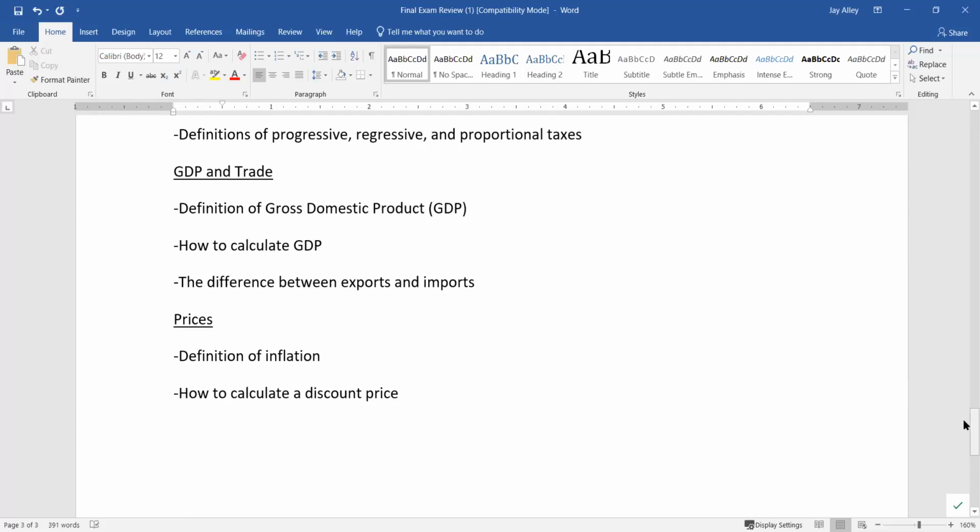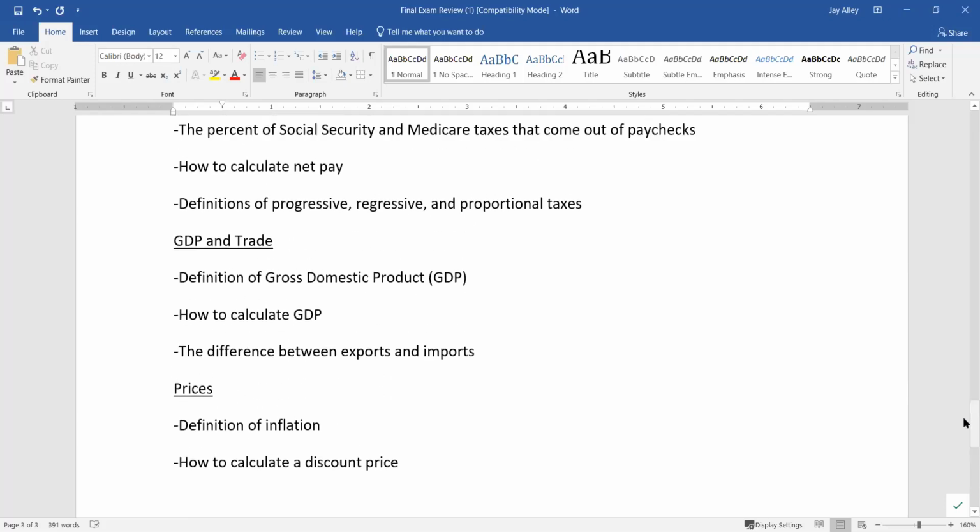So are there any questions about any of those topics? Because the final is 10 questions and could come out of any of these areas. Now, not all of them are included in the final. That would be too easy if I just told you the 10 areas to look at.